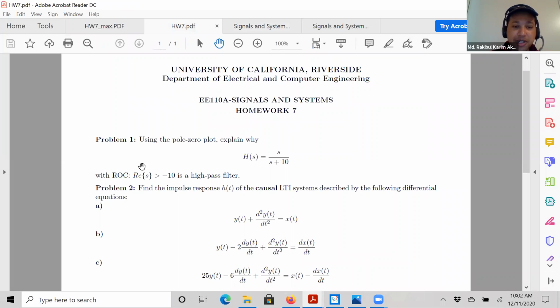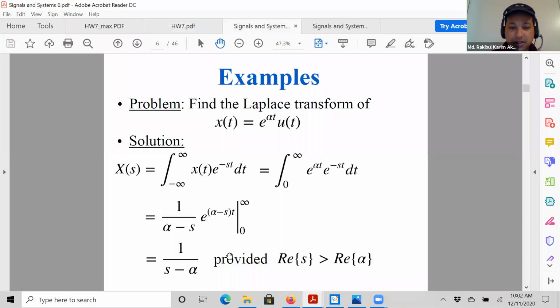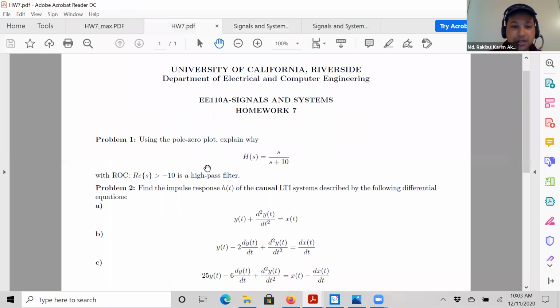That's why real part of s is greater than minus 10. So it is just saying the general causal system. Its answer can look this way. So we don't need to actually think about this for explaining. We only need to verify that it's a causal system, it's fine.